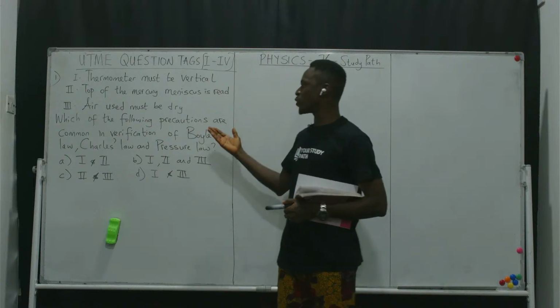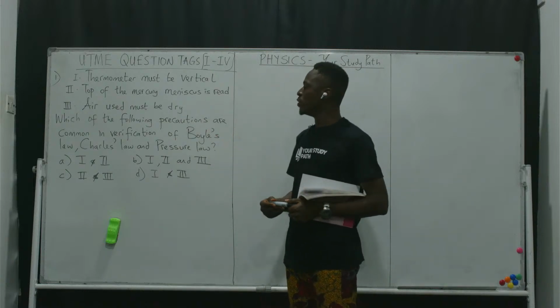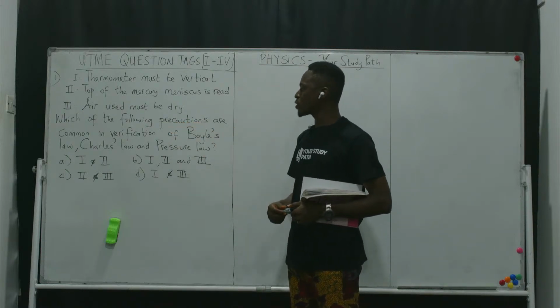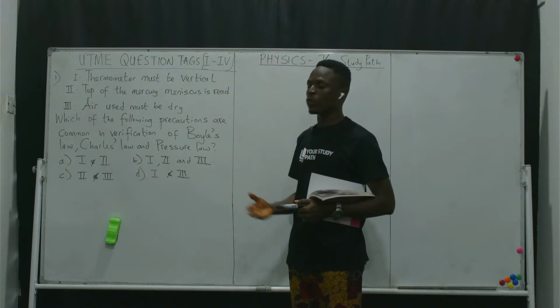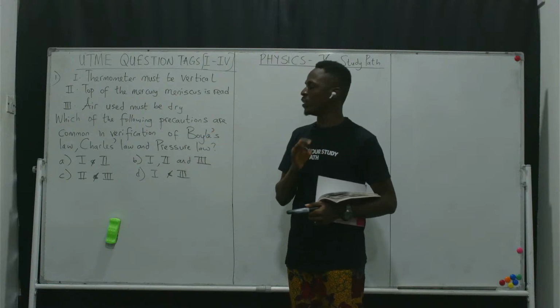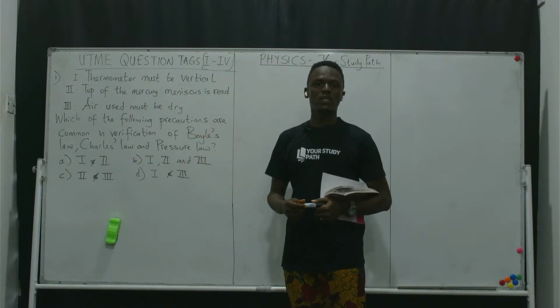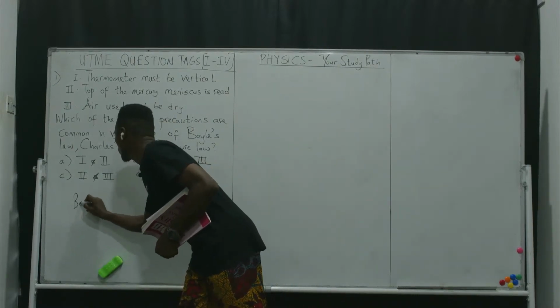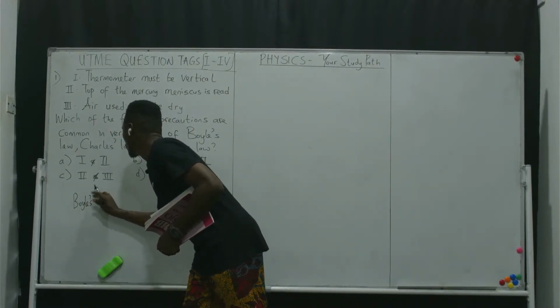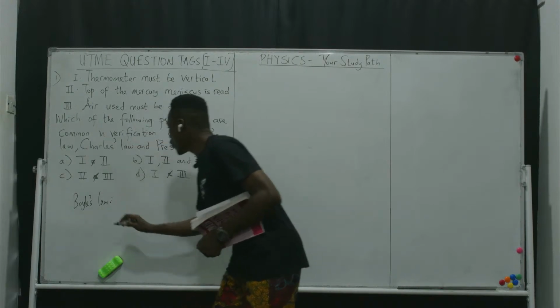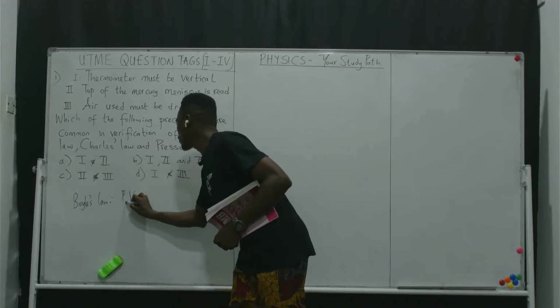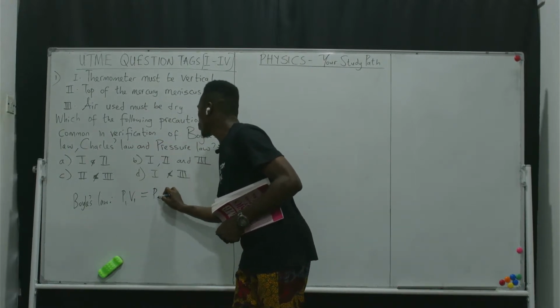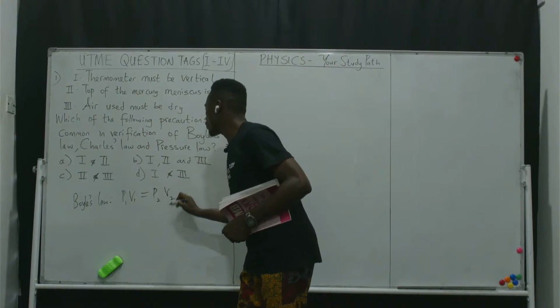For Boyle's law, you're working with P1V1 being equal to P2V2.